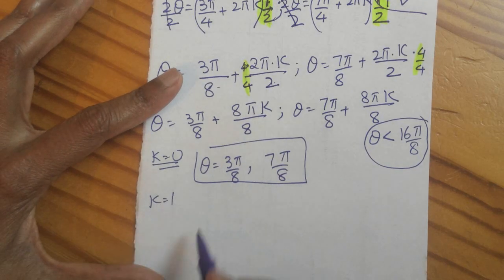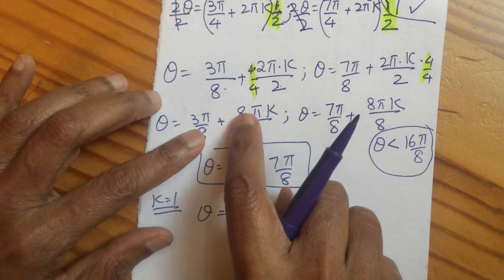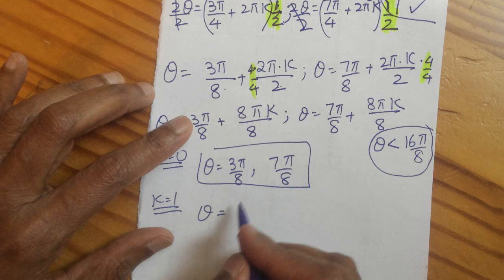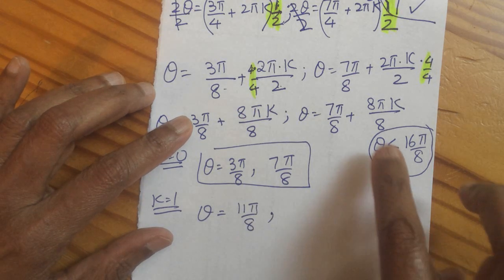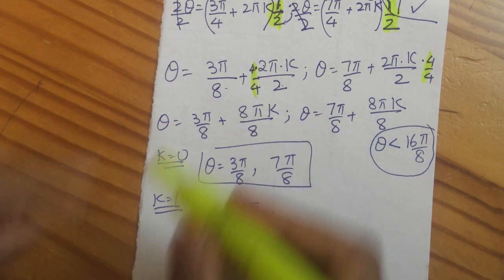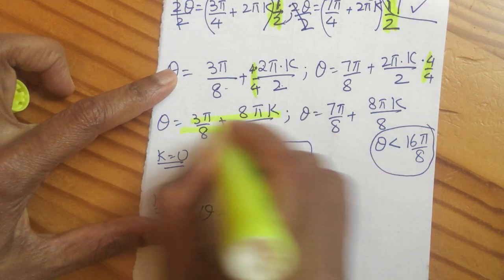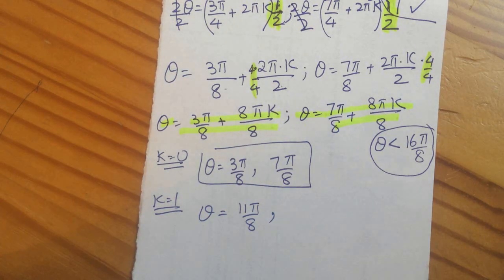k equals 1. Theta equals, k equals 1, 8 times 1 is 8, 8 plus 3 is 11, so 11 pi by 8. Okay, so this is where I'm substituting for k in this equation, for me to calculate theta.